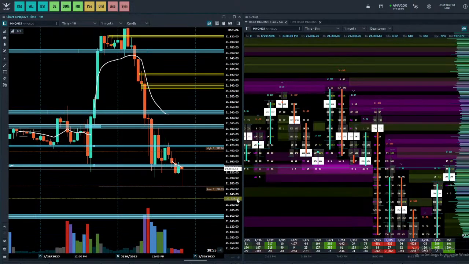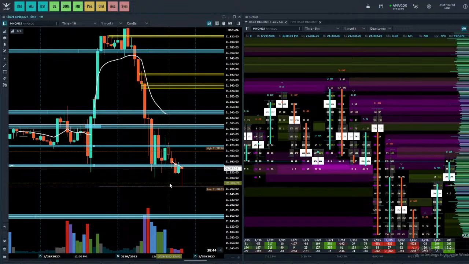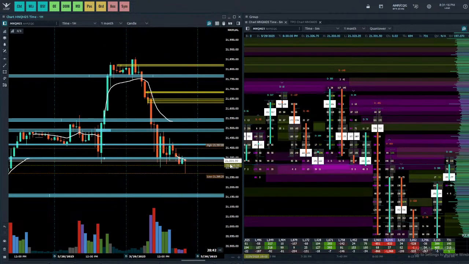Let's get this Valiant profile to load up. See what we got today. I need this Valiant profile to load up.